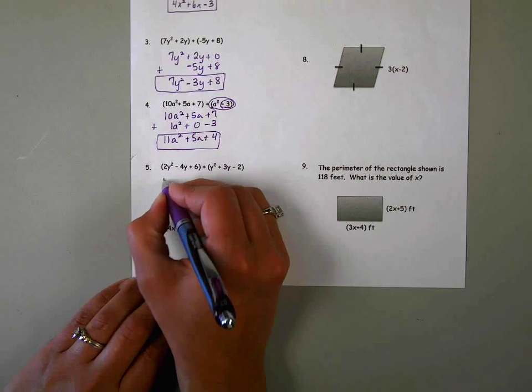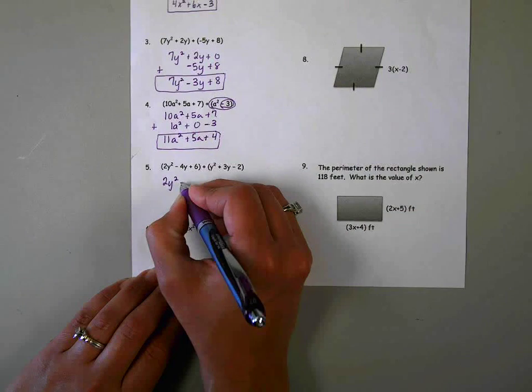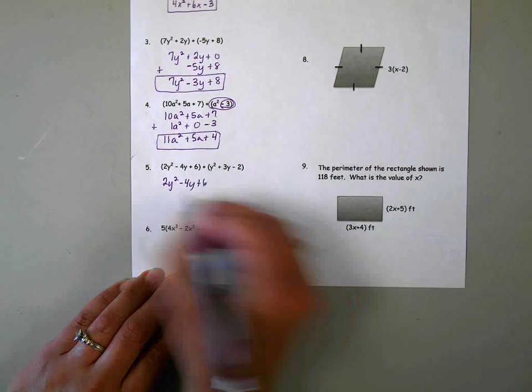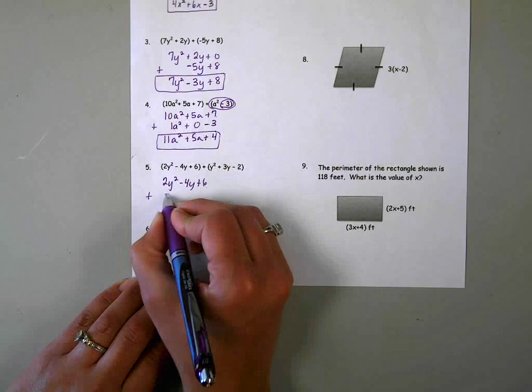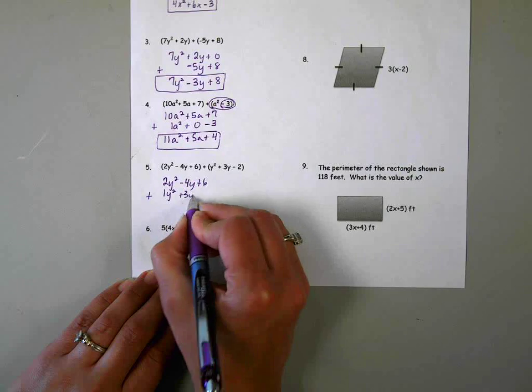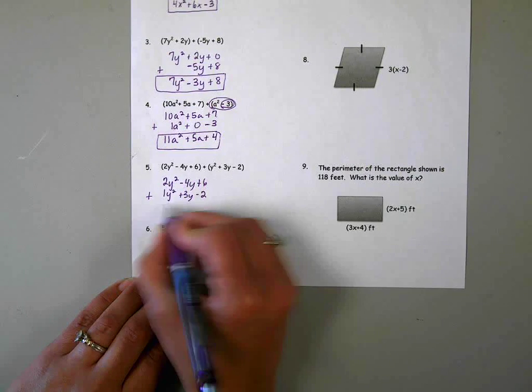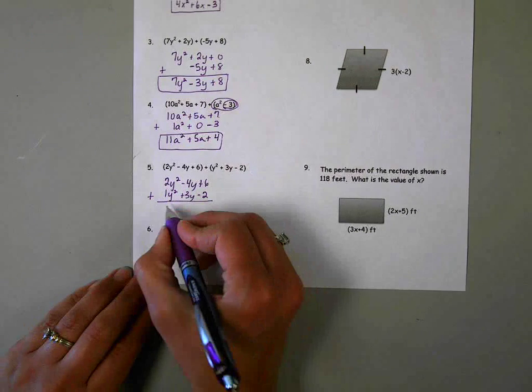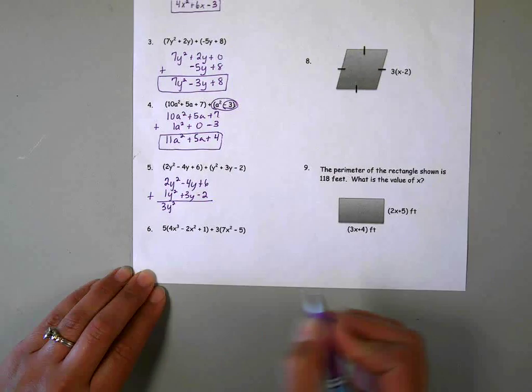Okay, 2y squared minus 4y plus 6 plus 1y squared plus 3y minus 2. So 2y squared plus 1y squared is 3y squared.